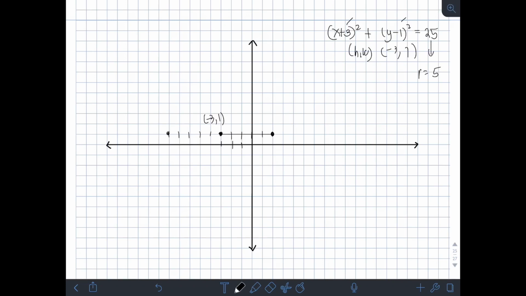The 5 units. Then going up, we also count 5 units from the center, 1, 2, 3, 4, 5. So, another point of the circle. Then going down, we count 5 units, 1, 2, 3, 4, 5. Okay. So, this is also part of the circle. Then, we just connect the 4 points. We approximate it as a circle.